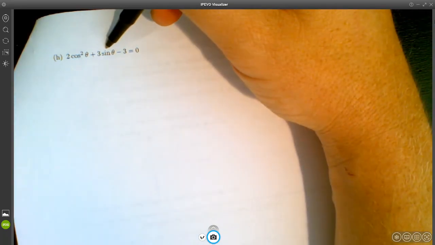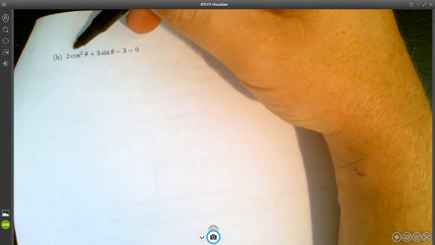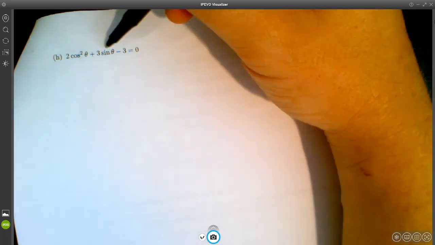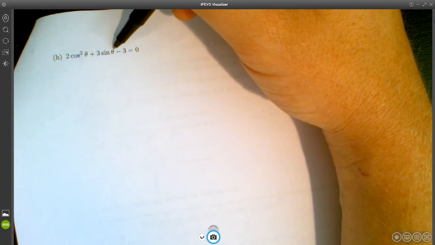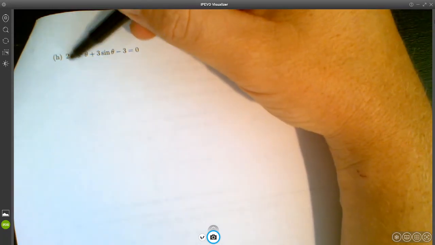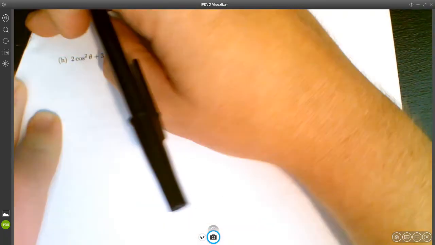This one is interesting because we have a cosine in there, but we also have a sine in there. So what we're going to have to try to do is either rewrite the sine as a cosine or rewrite the cosine as a sine. Now, we don't have anything that tells us what sine to the first power is equal to in terms of cosine, but we do have a Pythagorean identity that tells us what cosine squared is equal to in terms of sine squared, right?